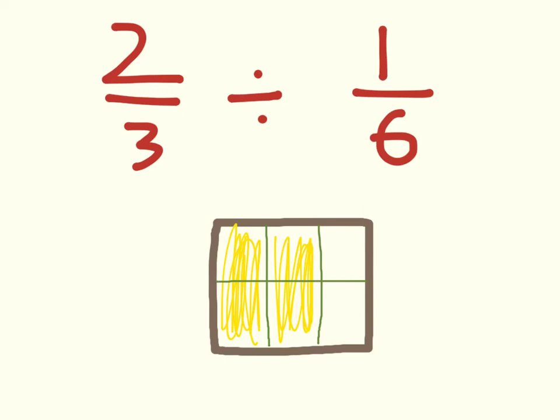It's just 4. How many sixths were in those 2/3? 4. When we carved it up even further, we made it so there were more units that we were looking at. And of course, this is the same as 2 times 6, which is 12, divided by 3. That will give us our 4.